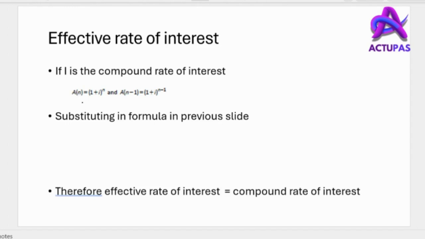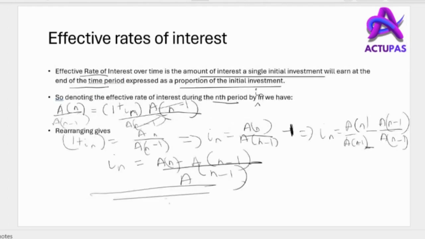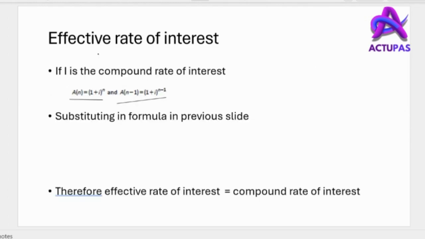And if A(n) is equal to (1 plus i) to the power n, and A(n minus 1) is (1 plus i) to the power n minus 1, we can input these into this formula, as those are the values for compound interest.